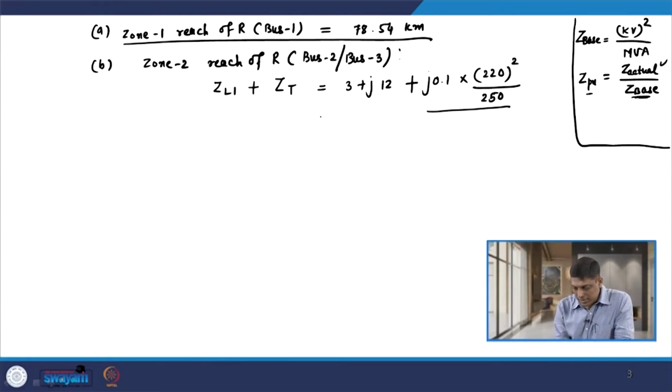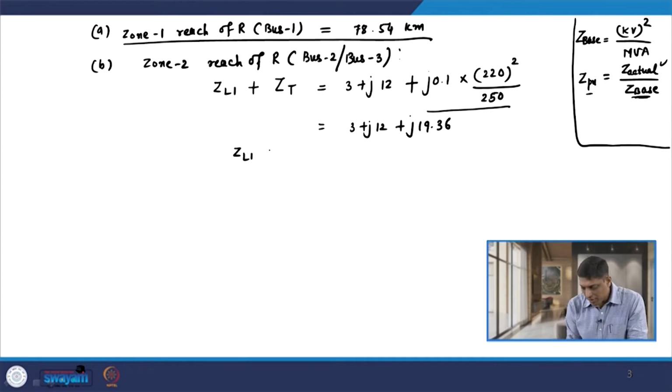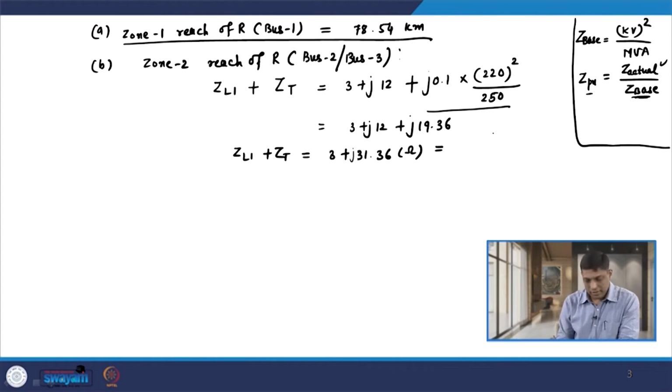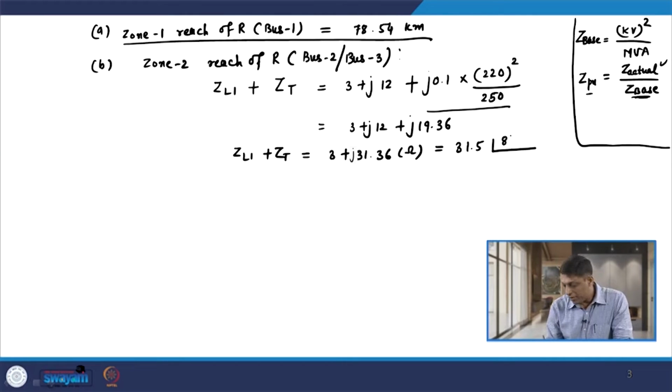If you solve this, it will be 3 plus j12 plus j19.36 ohm. So ZL1 plus ZT is equal to 3 plus j31.36 ohm, or in polar form, 31.5 at an angle of 84.53 degrees, also in ohms. So this we have calculated.